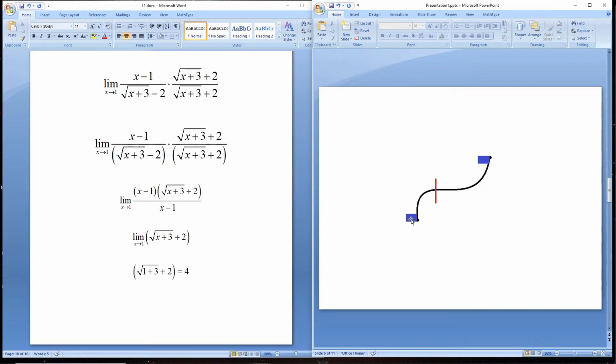So this person on the left would represent coming from the left, and this person on the right represents coming from the right. So if there's a solid line, then that solid line will have a limit everywhere, because you can always approach from the left and the right, and because it's a solid line, they will always meet.